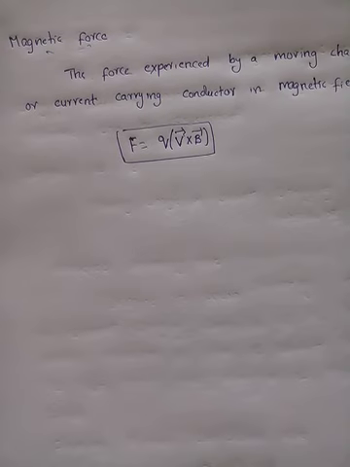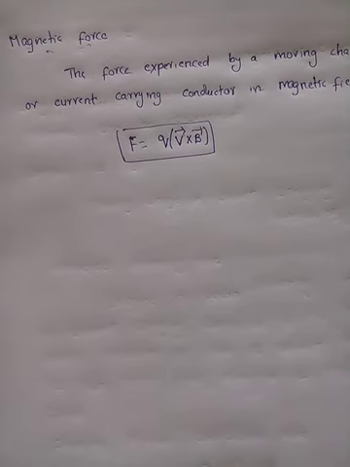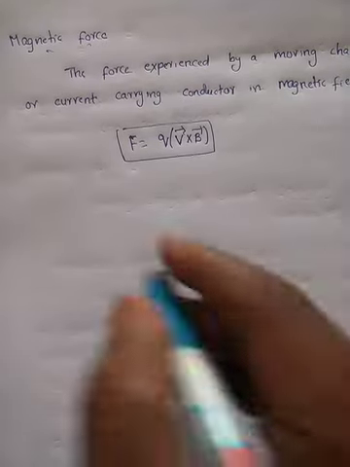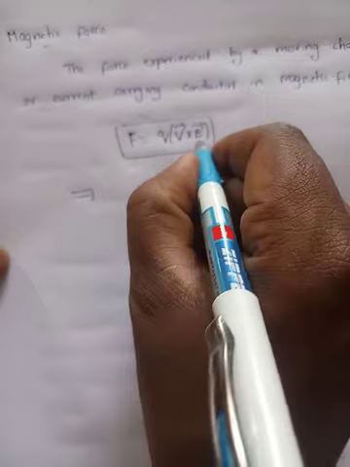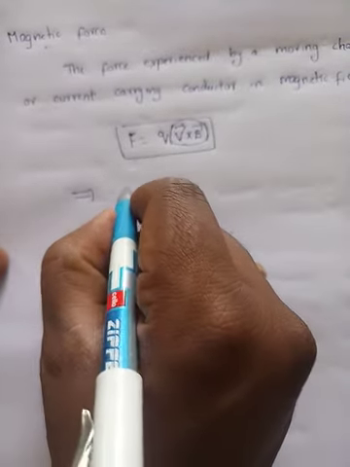Because velocity should be considered: if the charge doesn't move, there is no force. We know that A bar cross B bar is equal to AB sin theta.